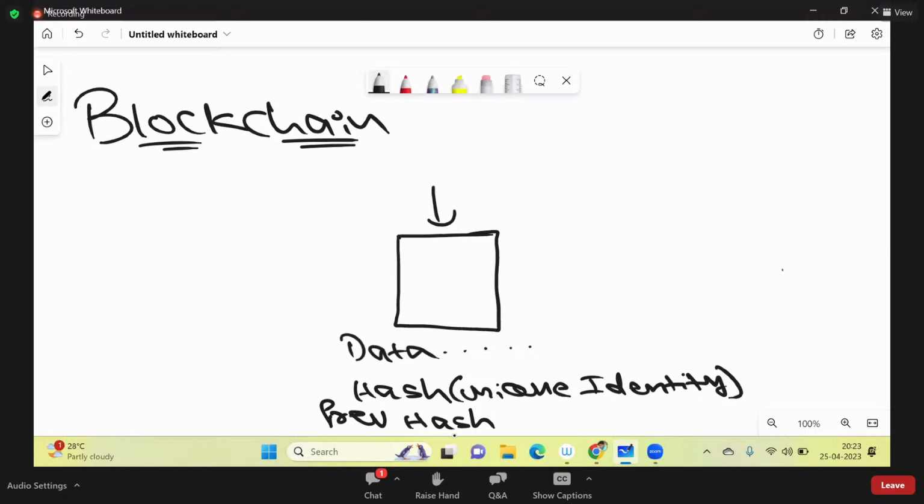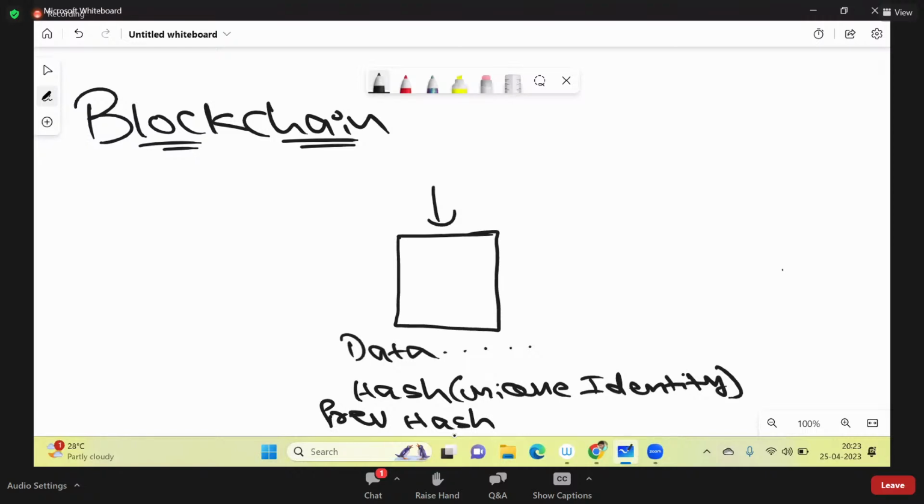The reason is that every block here is interlinked with the help of the previous hash. Simply put, the first block has its hash. This hash will become the second block's previous hash. The second block will also have its own hash. Then the second block's hash will become the third block's previous hash. Then the third block will also have its own hash. Again, the third block's hash will become the fourth block's previous hash, and the fourth block will have its own hash.